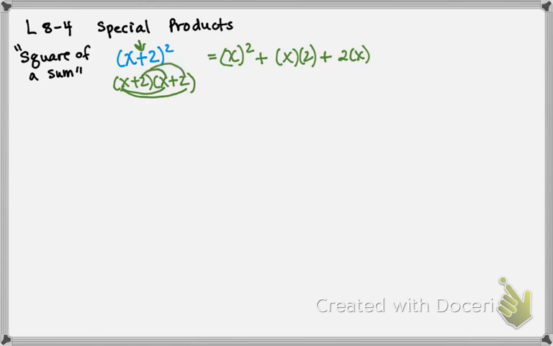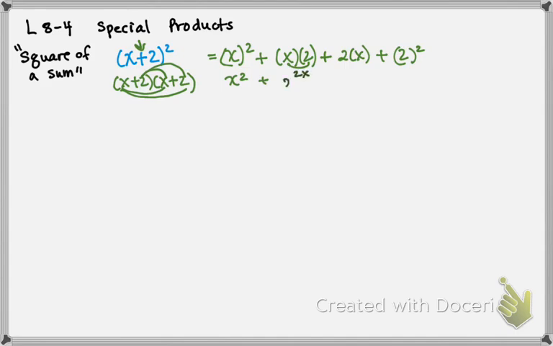And then we're going to have 2 times itself, which would be 2 squared. And so we would get x squared. And then notice here, if I rearrange these terms by the commutative property of multiplication, it says that would be equal to 2x.